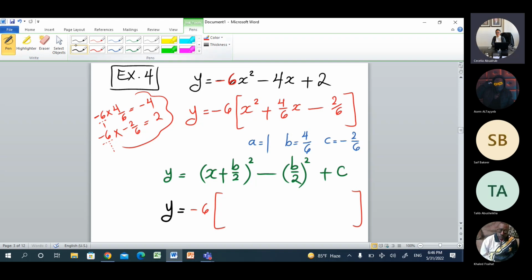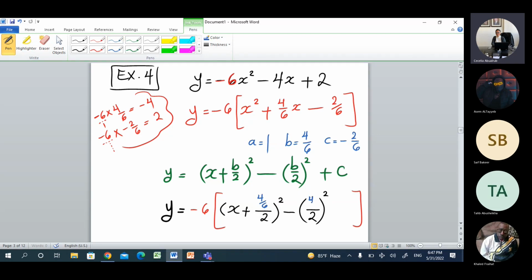Now you may proceed. So you will say x plus b over 2 to the power of 2. What is b? You write it as is since you're using a calculator. 4 over 6 all over 2. Okay? And then minus the small bracket b over 2. What is b? Write it as is.